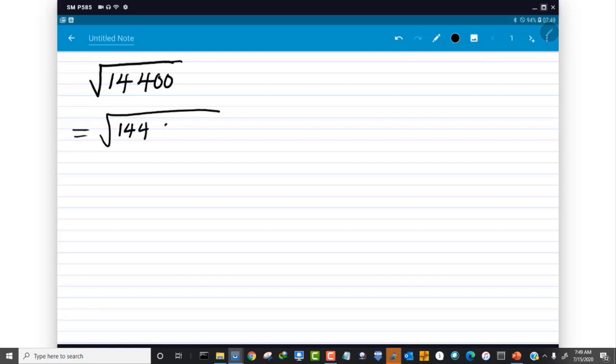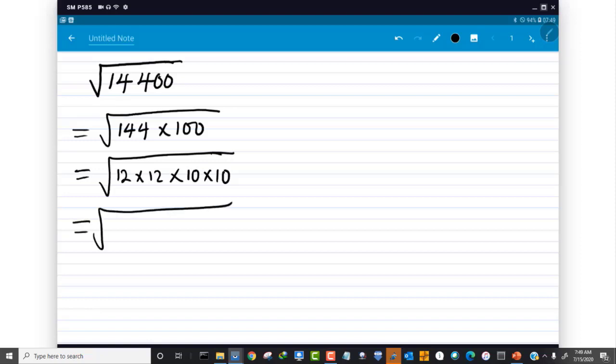So we have 144 times 100, and we have 144 as 12 times 12 times 10 times 10. We have 12 to be 3 times 4, another 3 times 4, then times 2 times 5 times 2 times 5.